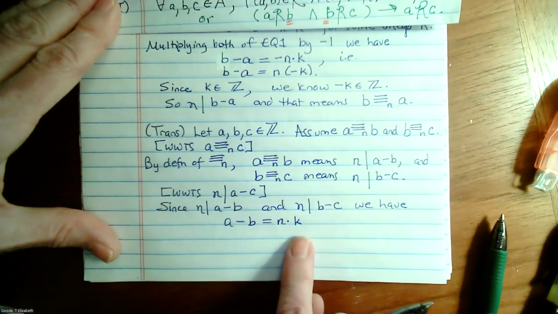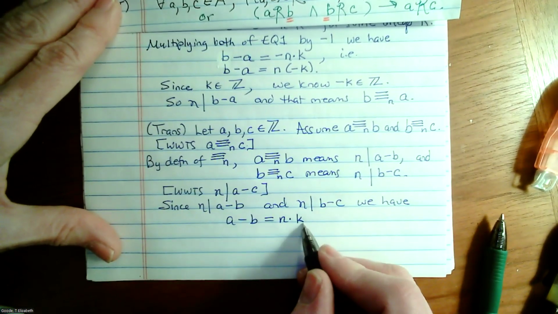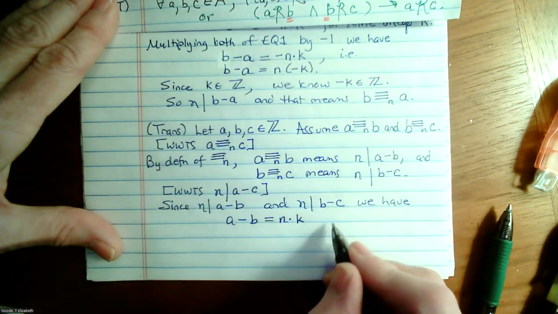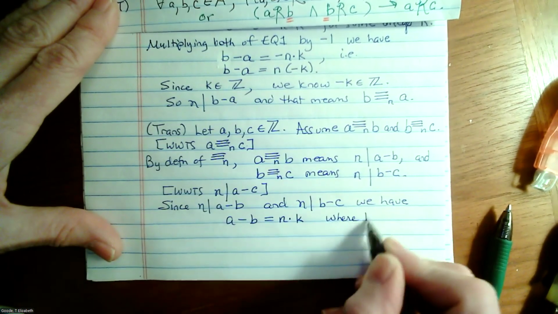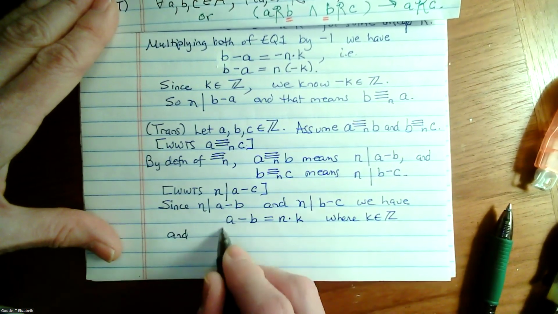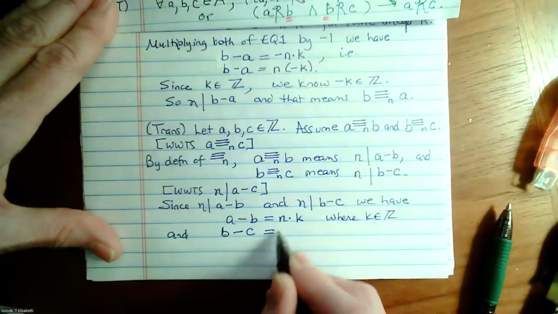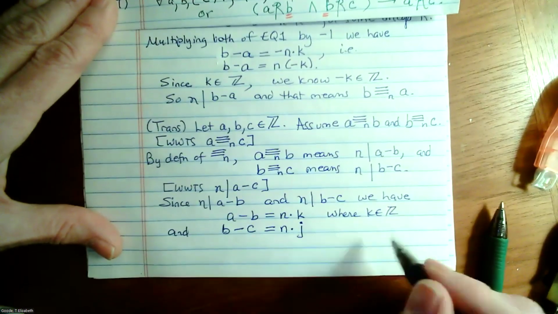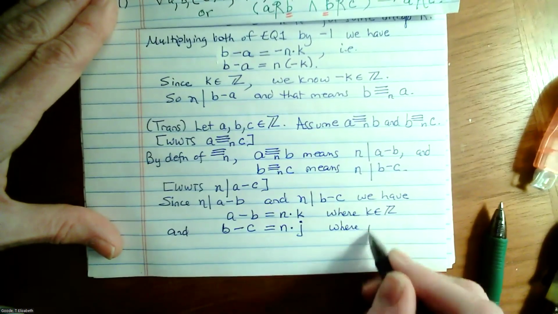If you're not comfortable with that, you can use a different letter, but it's okay to use K again because this is no longer involved with the symmetry proof where K is in Z. And we've got another equation. B minus C equals N times, now here we can't use K again. We got to pick another letter like J, where J is in Z.